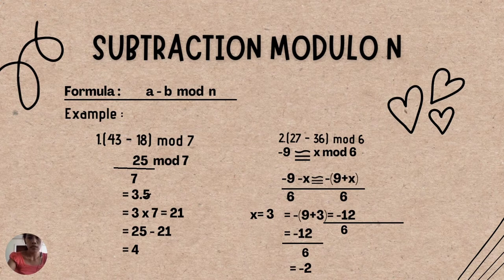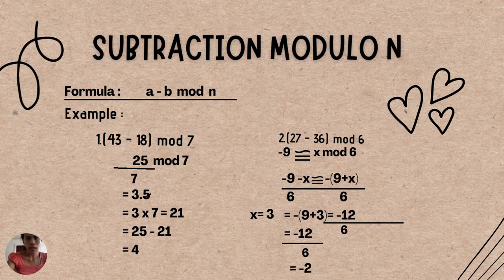Here in this second example, our subtrahend is bigger than our minuend, so we will get a negative number, but take note that the negative answer is still an integer. So 27 minus 36 mod 6, the result is negative 9.